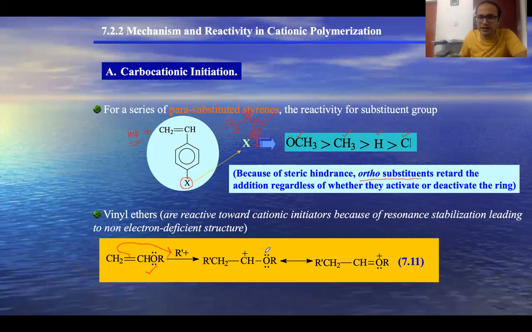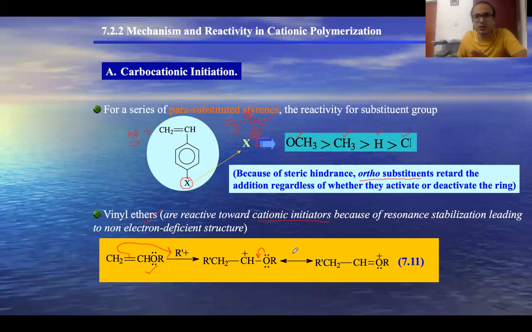We can draw another resonance structure like this, where the carbocation is stabilized by resonance. Because of this resonance stabilization, this vinyl ether is very reactive towards cationic initiators, and can wonderfully participate in the cationic polymerization.